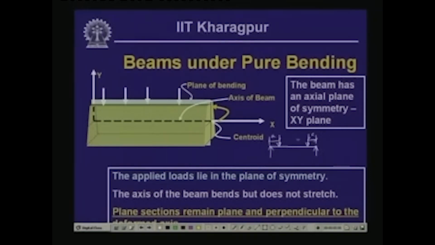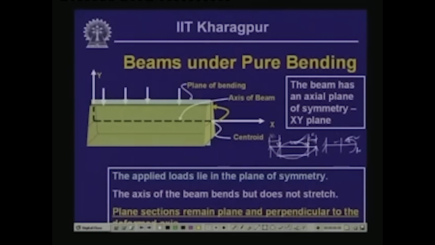In this beam, we had drawn the bending moment diagram, wherein you had seen that the bending moment over this particular zone is constant. Or, if you have a cantilever beam in which you have a concentrated moment, there also everywhere you get the same moment M. So, these are the cases where a beam is subjected to pure bending moment.